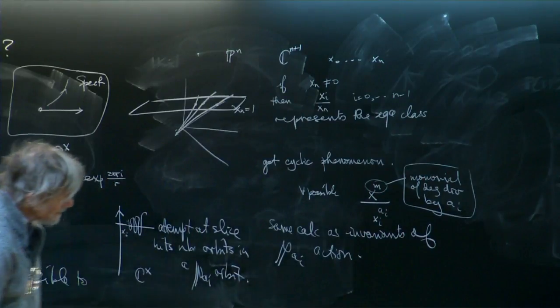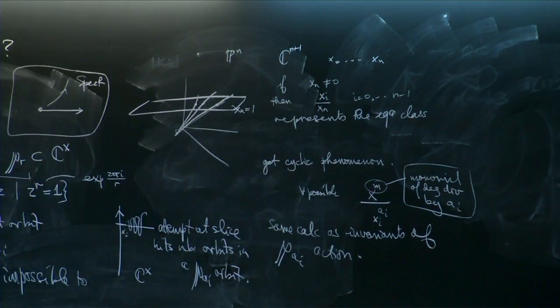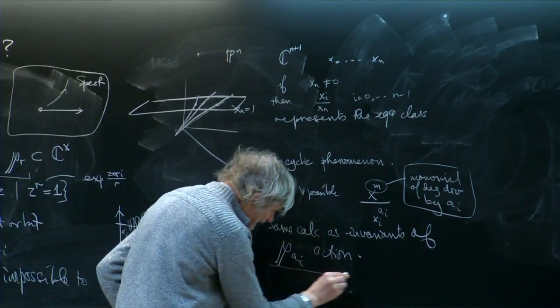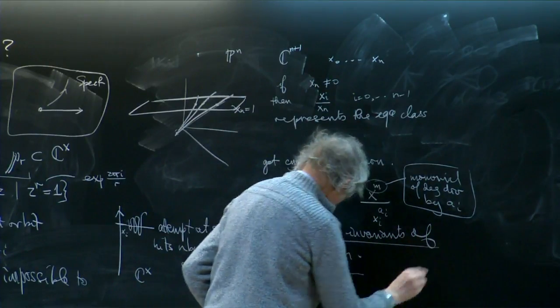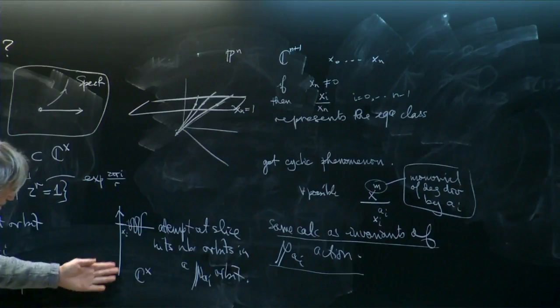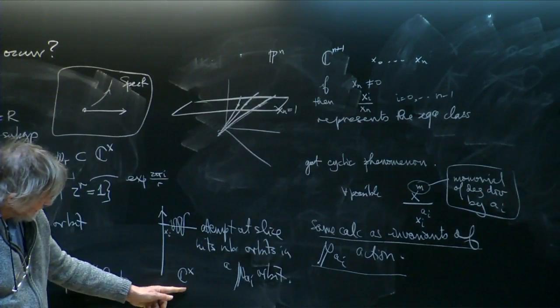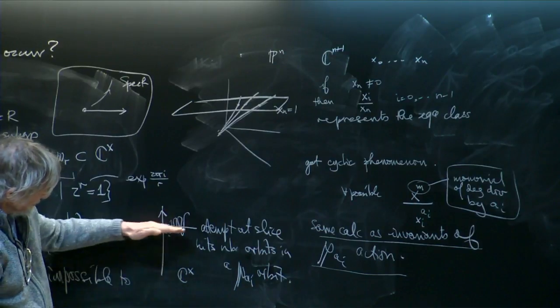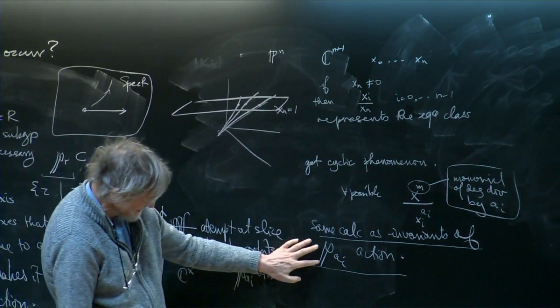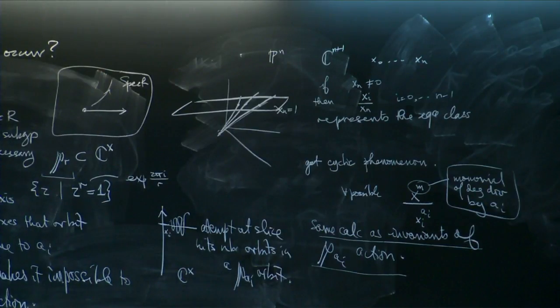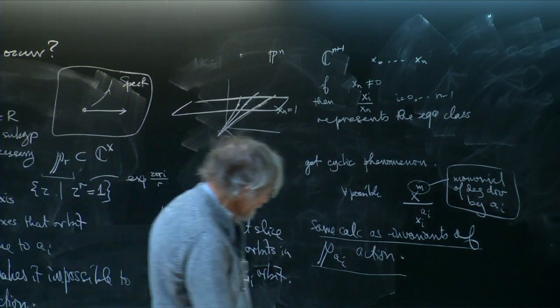Yes, and so my preferred way of thinking about this is let's take apart this mu ai invariant. So we're trying to divide out by an algebraic group C star. So if I can do something that reduces that to a finite cyclic group, then I figure I've simplified the problem, right?